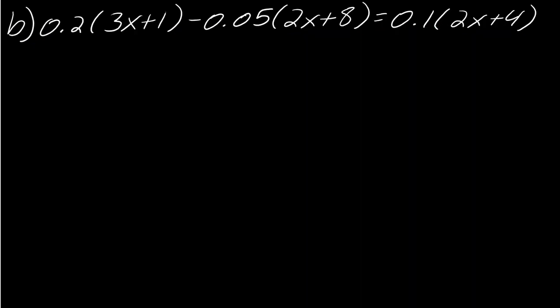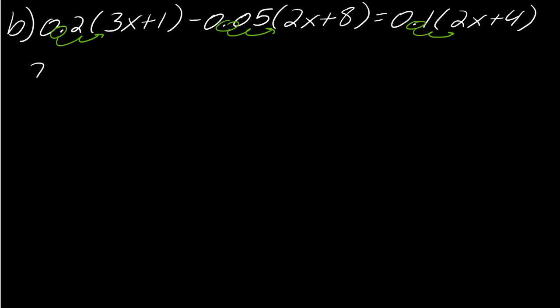So moving on to B here, we've got 0.2 times 3x plus 1 minus 0.05 times 2x plus 8 equals 0.1 times 2x plus 4. Okay, so in this case, the maximum number of decimal spots is found right here, so that's 2 spots. So I'm going to move all of these over 2 spots like so.